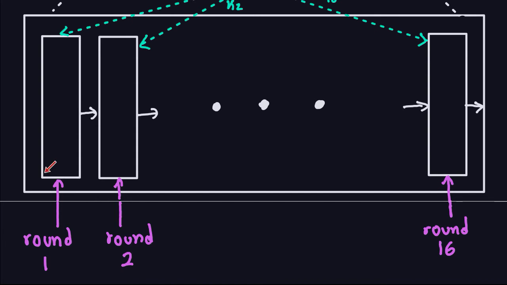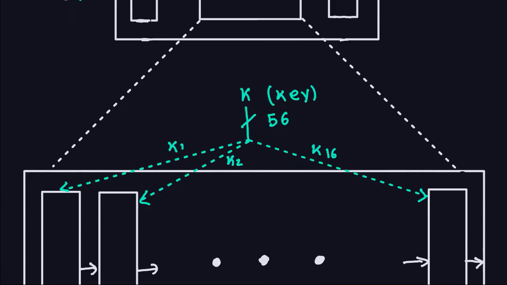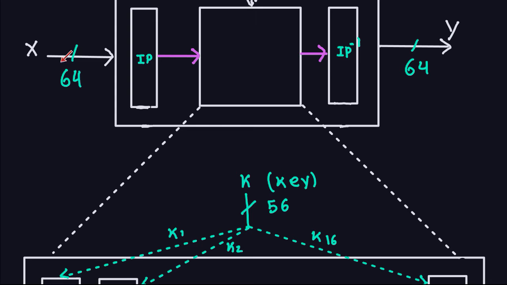Now, I'm going to talk a little about what happens in each round, but for now let's just concentrate on what this is doing in general. In general, we're doing confusion and diffusion in all of those, on 64 bits. Remember, you take a plain text of 64 bits, put it in the initial permutation, rearrange those 64 bits, and when it comes in here, this is the first round.